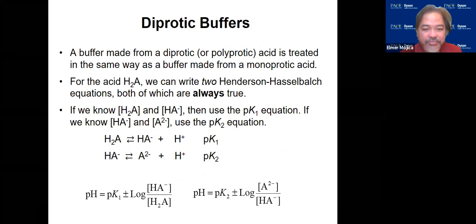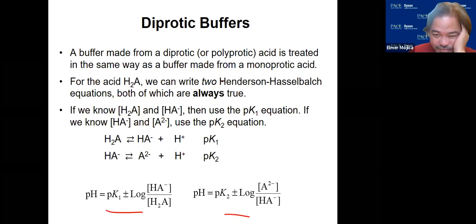Now, can we make a buffer from this polyprotic acid? The answer is yes. And it's a little bit tedious because you're going to have what? Two Henderson-Hasselbalch equations. So if we know H2A and HA minus, then we can use the pKa1.